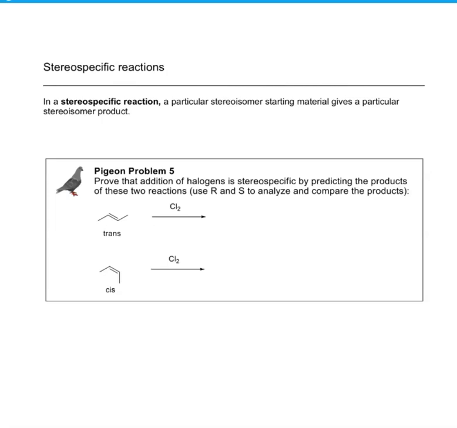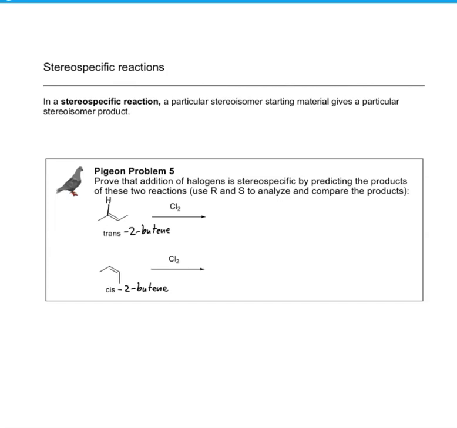So what we're doing is chlorinating two alkene isomers, the cis and trans version of 2-butene. So trans 2-butene and cis 2-butene. Because the reaction is stereospecific, we would expect to get a different product or products based on the reaction of one versus the reaction of the other.